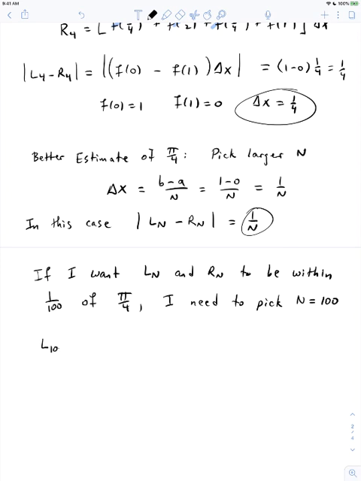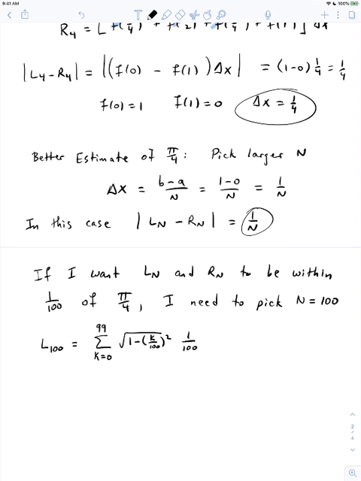So L sub 100 is going to be equal to the sum, and here I'm using left endpoints. So I'm going to start at x0, which in this case is going to be the square root of 1 minus k over, not 4 this time, but 100, quantity squared, times 1 over 100. And I'm going to start with k equal to 0, and I'm going to go to k equals 99.